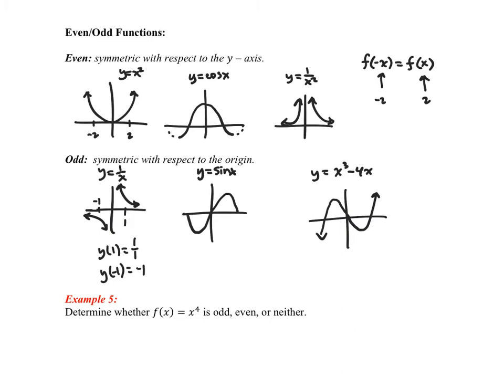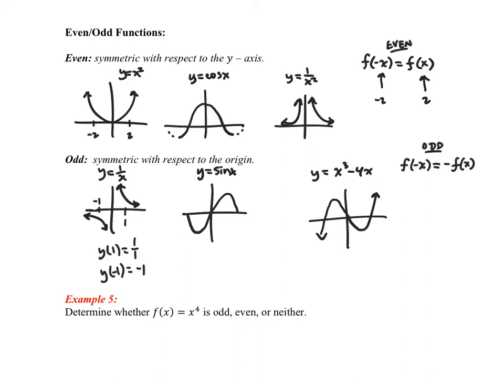Therefore, a function is odd if f of negative x is equal to the opposite of f of x. That is the property that makes a function odd. So I've got an odd property and an even property of functions. Now some functions are neither, right? Neither even nor odd.